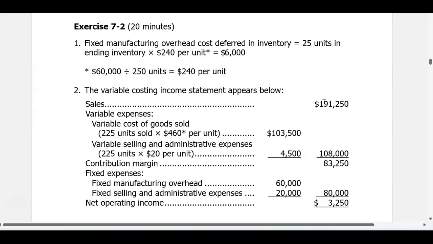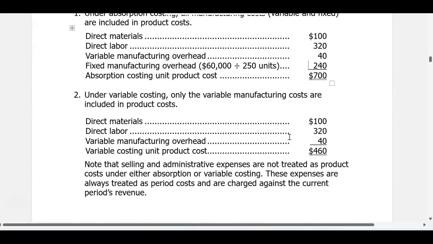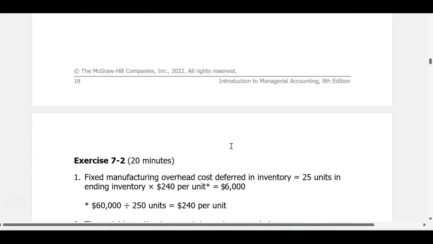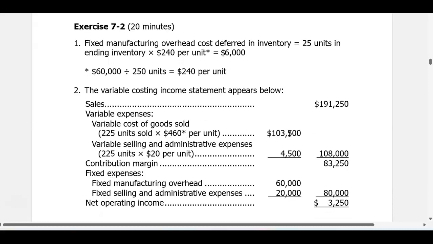The variable costing income statement appears below. Sales was same thing, 191,250, no difference. Variable expense was 225 units sold times 460 variable per unit, which we calculated already from here, right there. Remember? Okay, so 460, that gives us $103,500. Variable selling and administrative is 225 units at $20 per unit, right?